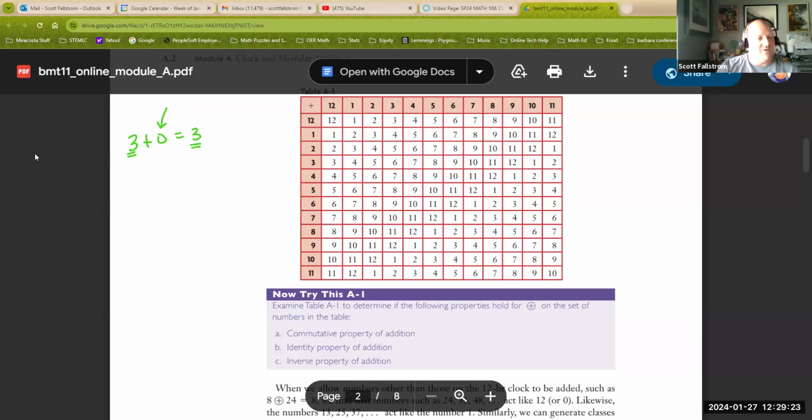Do we have that with this 12 clock? Is there a number I can add to anything at all? So be thinking, what can I add to the number 5 to get back to the number 5? Oh, and by the way, because of the commutative property, you could also write it this way. Okay, is there a number that I could use to fill in that cloud? That would be the identity property.